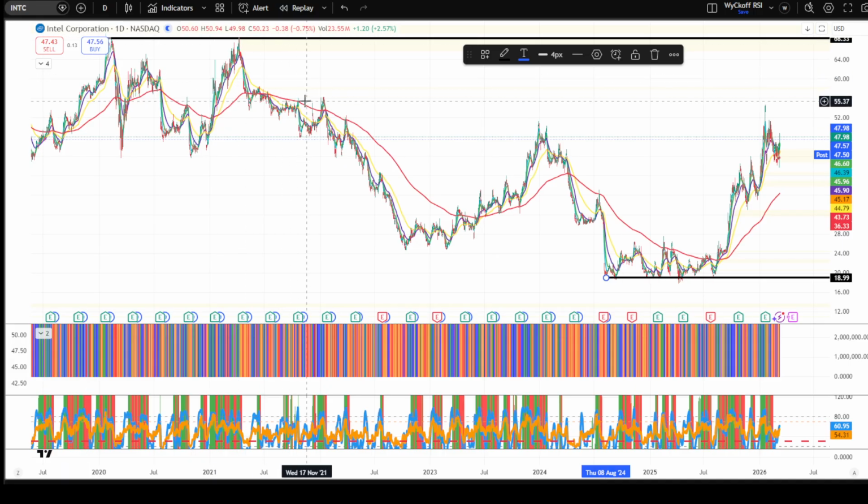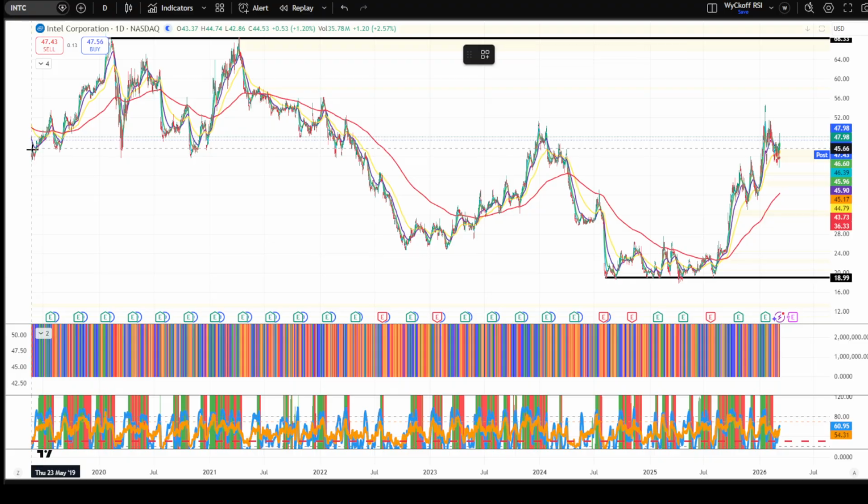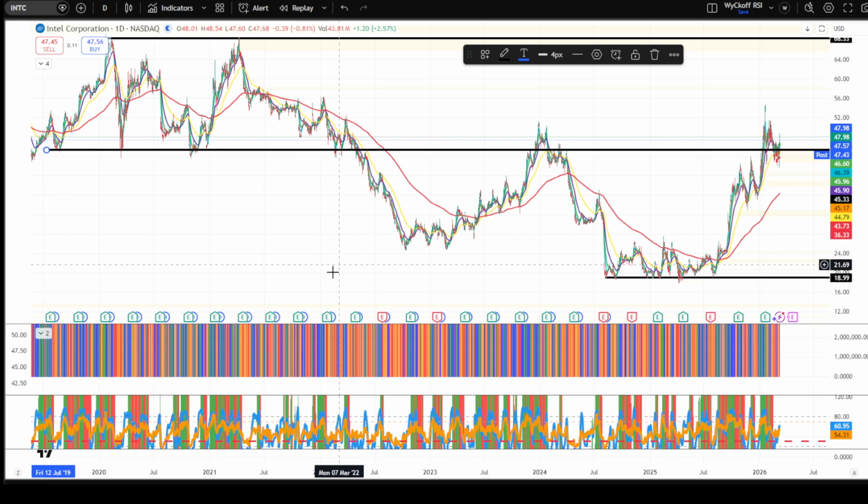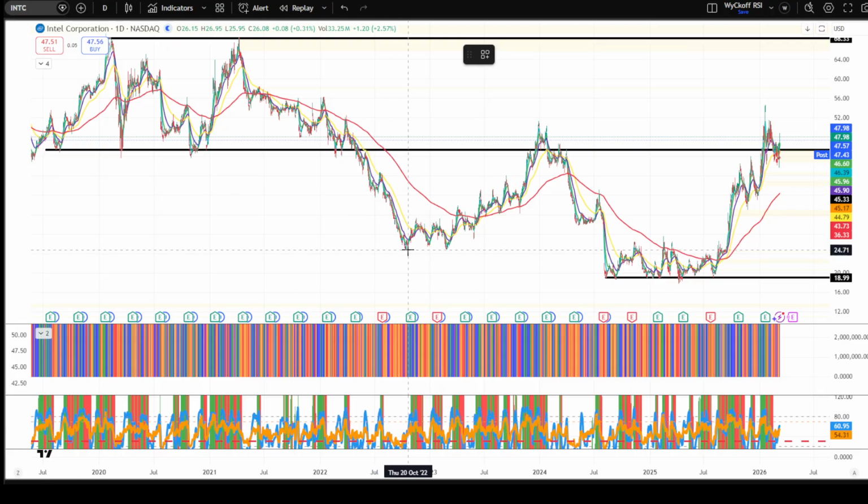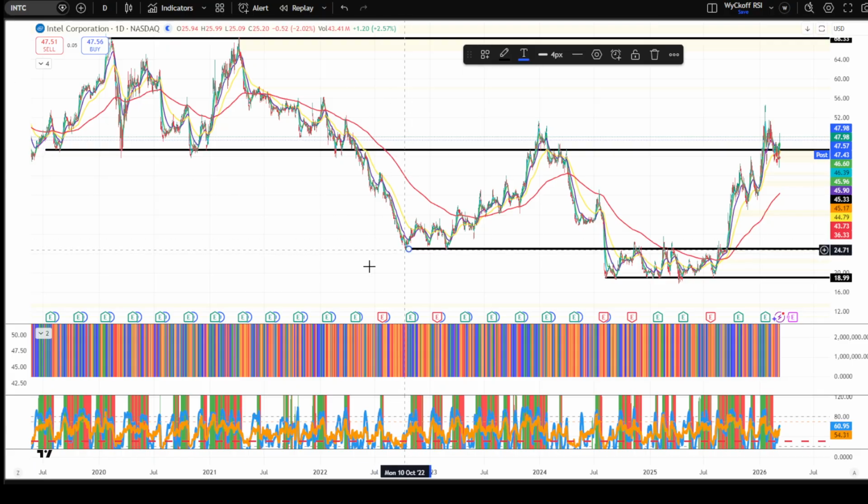You see the areas where it had multiple touches, possible strong areas of support. Mark those off, and you just go throughout the various time frames.